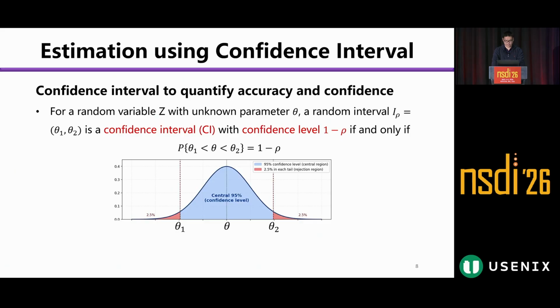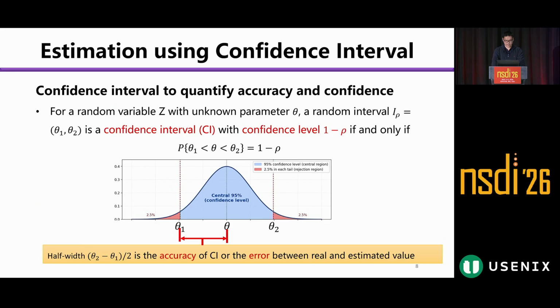For example, in this plot, if we set the confidence level at 95%, which means that the estimation value has a 95% chance of lying in the random interval, the half width is the accuracy of the CI, or the error between the real and estimated value.